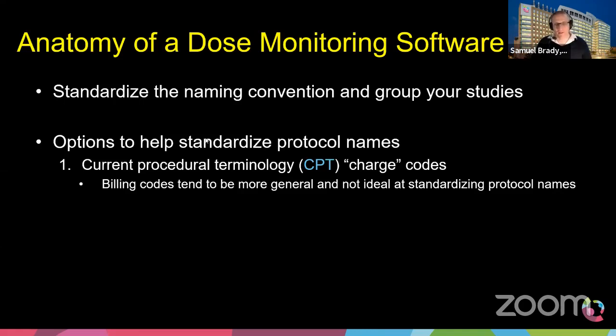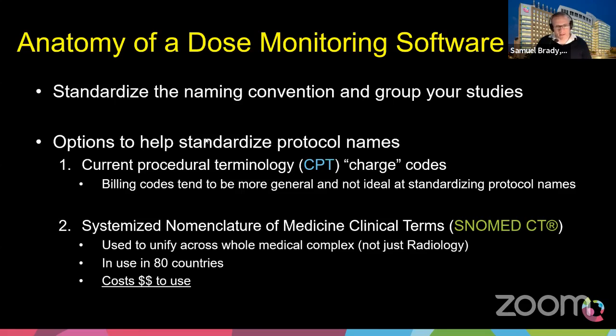Now you can do that, and that's okay. Every nation's going to have its own unique way to set up its charging. And the naming convention can be very broad, anything like a head CT, or it can be very narrow in scope, head CT with or head CT without contrast, etc. So there are some positives. I would consider more negatives using the CPT charge codes as a way to standardize your naming convention.